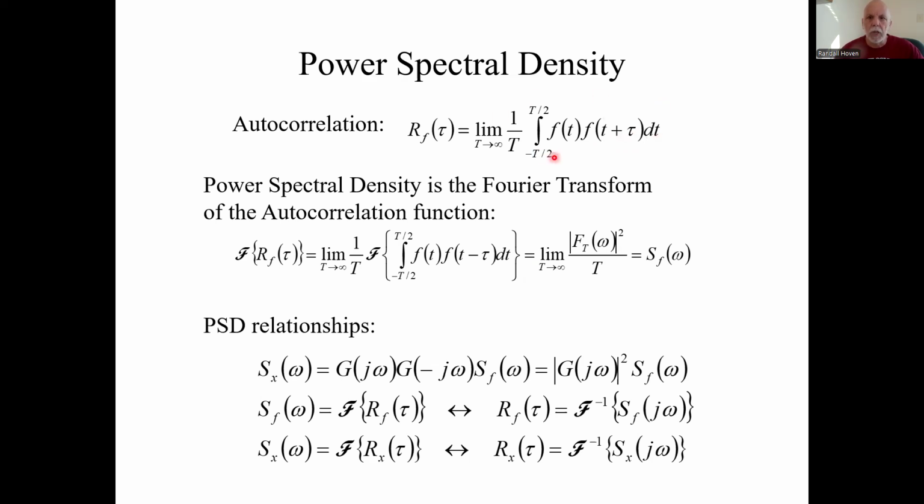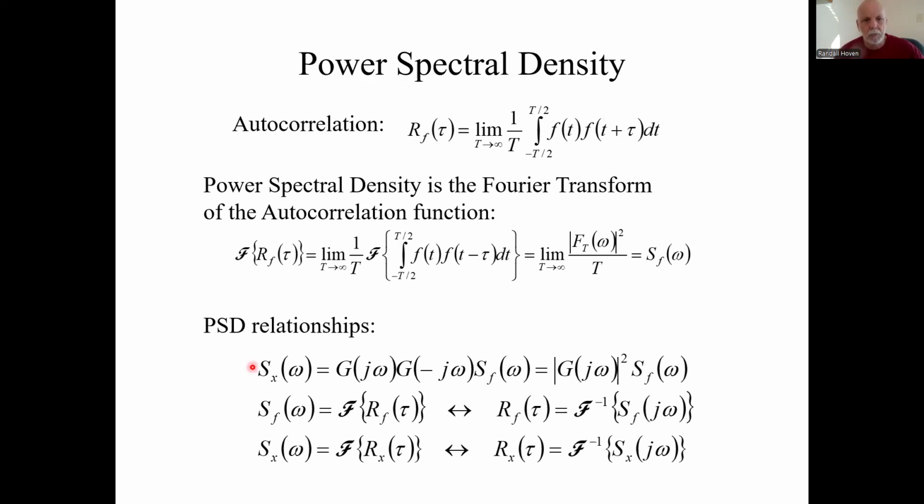Anyway, you integrate all that. That's called the autocorrelation function. Without going through the derivation, the power spectral density is the Fourier transform of that autocorrelation function. So now we have a way to calculate the power spectral density of a signal.